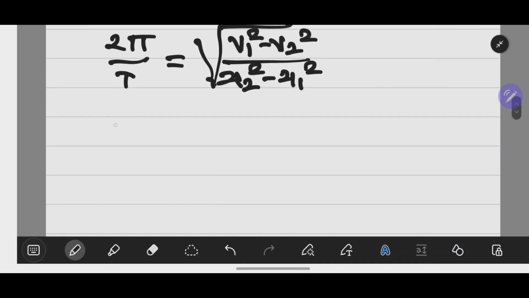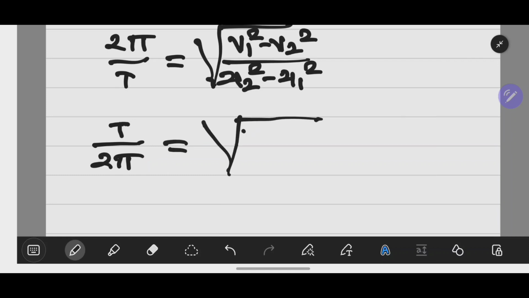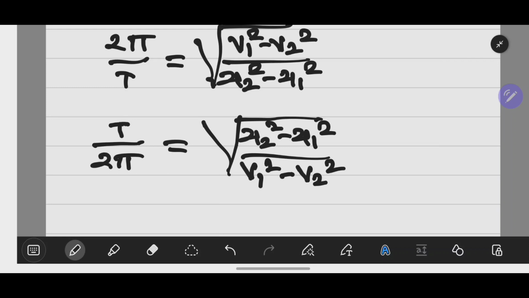Take the reciprocal of this term: T upon 2 pi is equal to under root of x2 squared minus x1 squared upon v1 squared minus v2 squared.